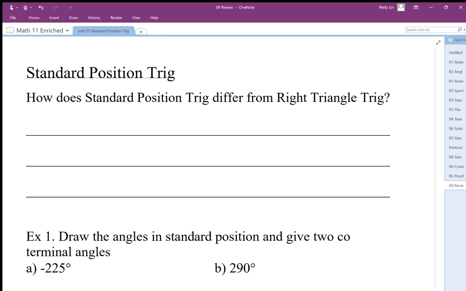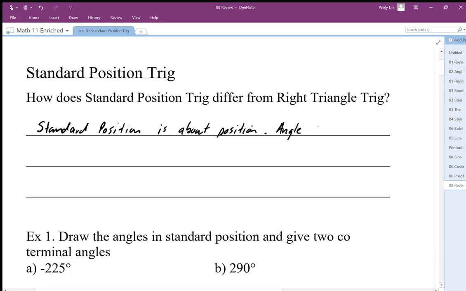So first of all, standard position trig is about position. So the angle locates a point on the coordinate plane.